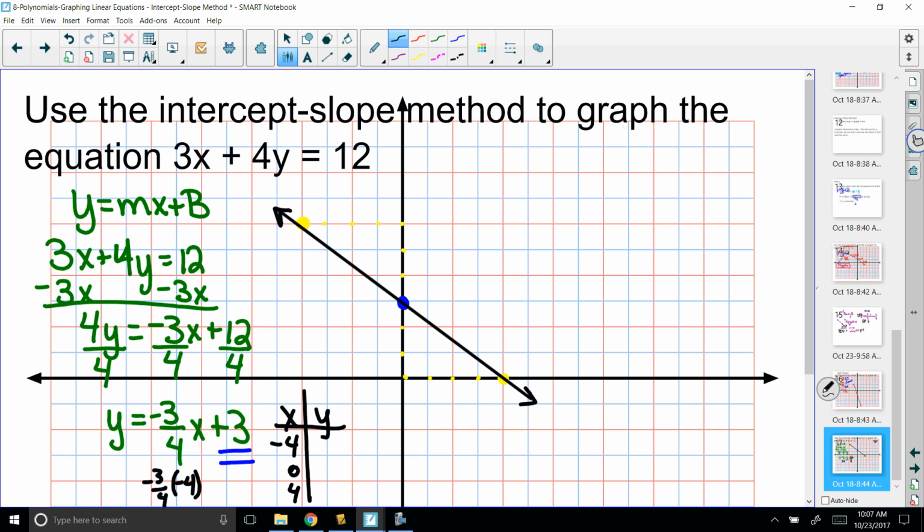So you get positive 3 plus 3, and you get a value of 6. Well, guess what? 1, 2, 3, 4, 5, 6. That's that point right there. But would you rather find it by just counting 3 and 4? Or would you rather put it in here and work with fractions and calculate? I think it's easier just to go ahead and count your slope.